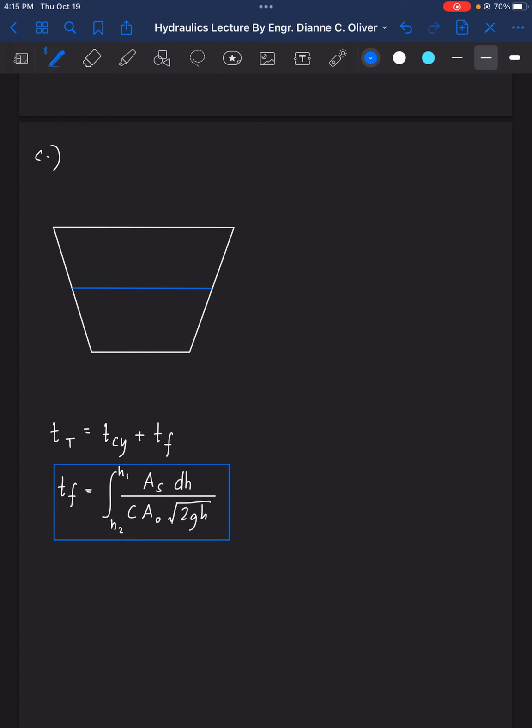Take note here that this is H2 and this is H1, and remember that our H1 or initial height is higher compared with our final height, so our final height here is lower.